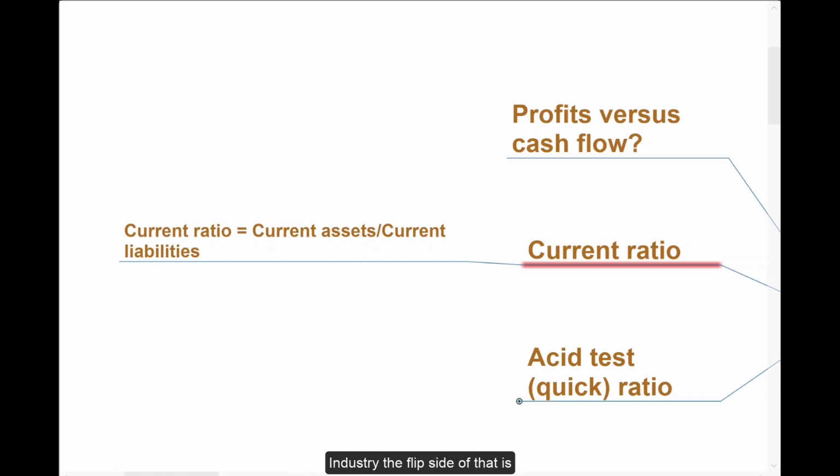The flip side is, generally speaking, if you have a low current ratio, let's say 0.9, you've got 0.9 on top, 1 on the bottom, that's a problem because that tells you that your ability to meet your obligations, your trade suppliers, your tax liabilities, your short-term debts in the next few months is limited. That is an issue.